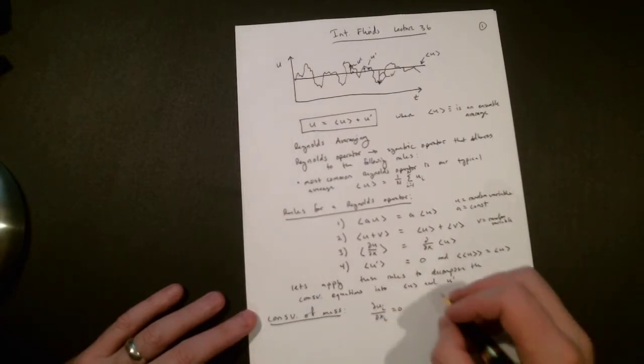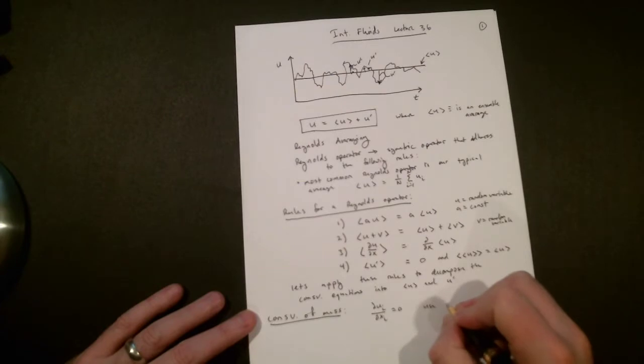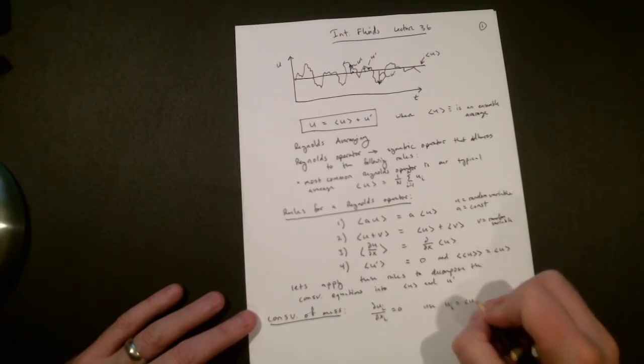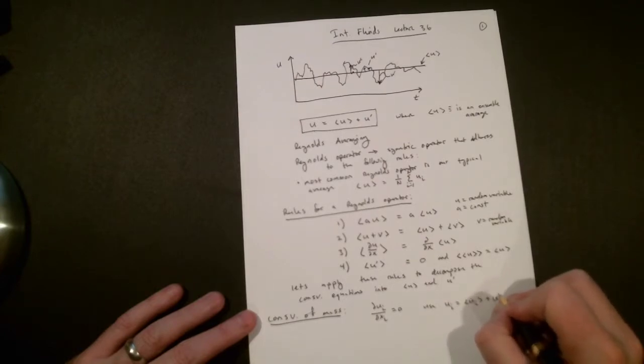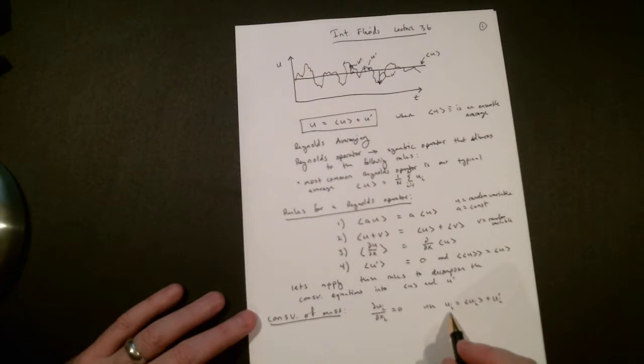So what do we want to do? We want to use our decomposition. So we're going to say that u_i is equal to the ensemble average of u_i, plus a deviation. So our instantaneous u_i at any point in space is equal to the average at that point plus the deviation from the average at that point.